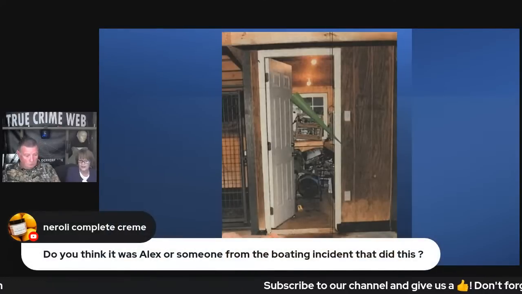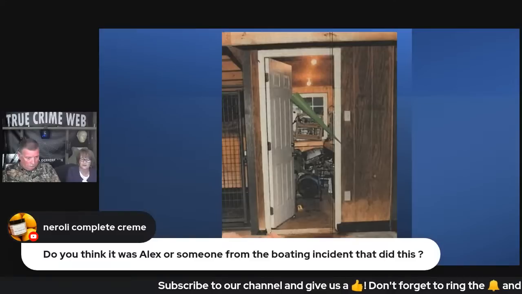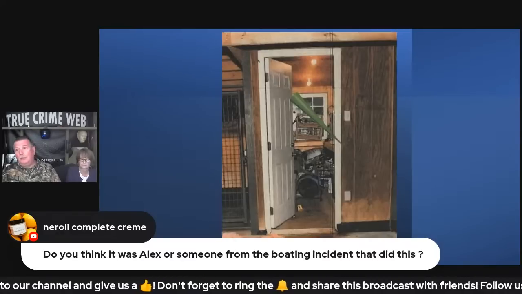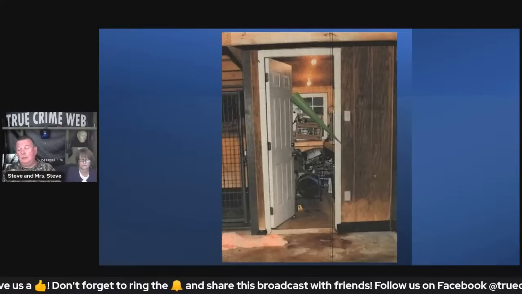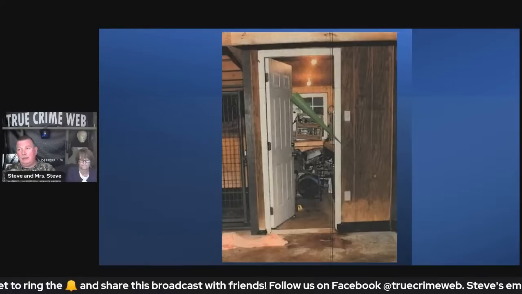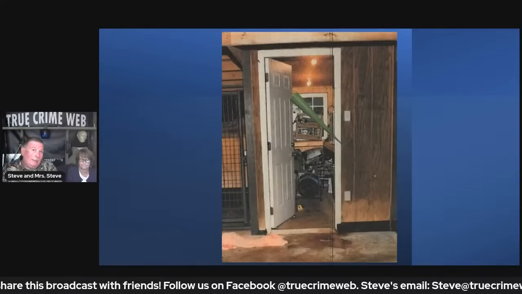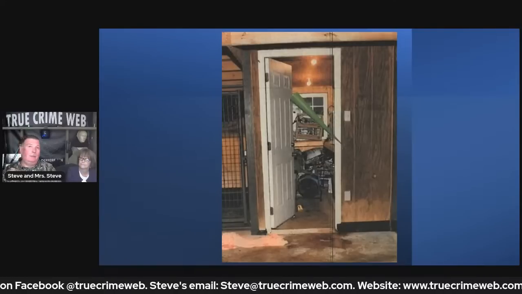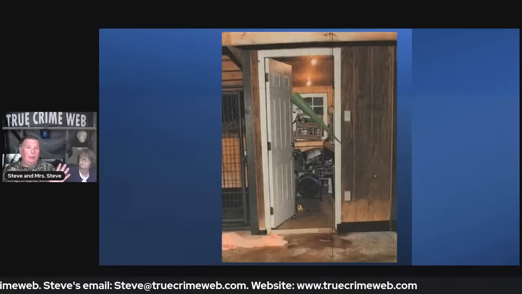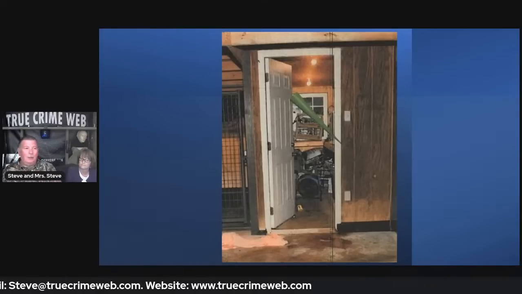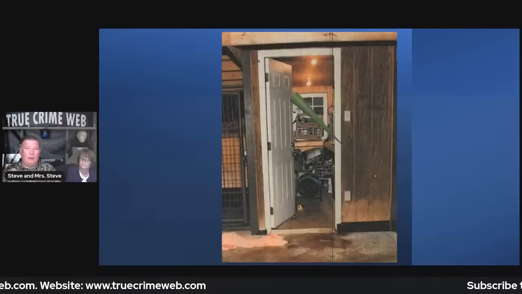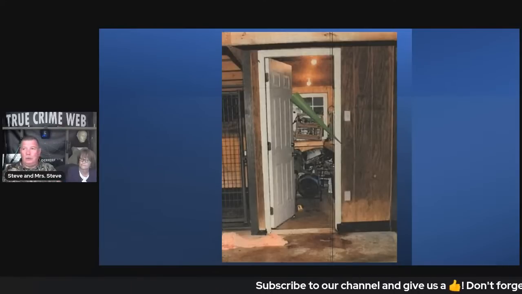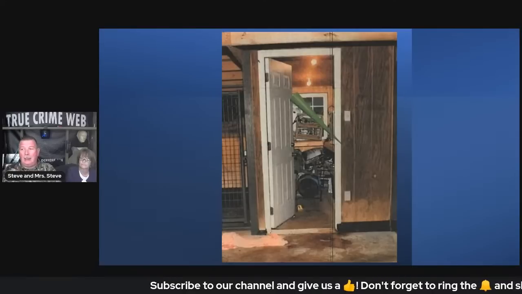And Raleigh, do you think it was Alex or someone from the boating incident that did this? Right now, the prosecution believes it's Alex, and we have reason, and my personal opinion, it appears to be so. And of course, there's some evidence I wouldn't put in, and I'm a trained law enforcement. The gunshot residue, I carry no weight with it. But I would look at the motive, the opportunity, being there at the time.